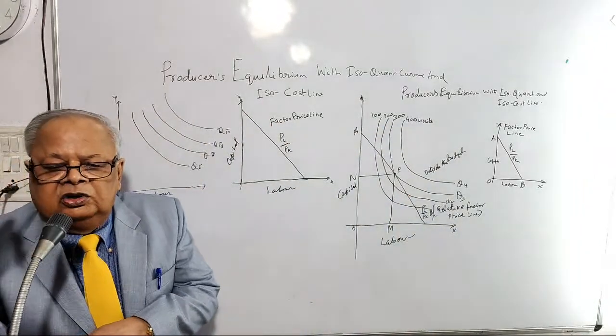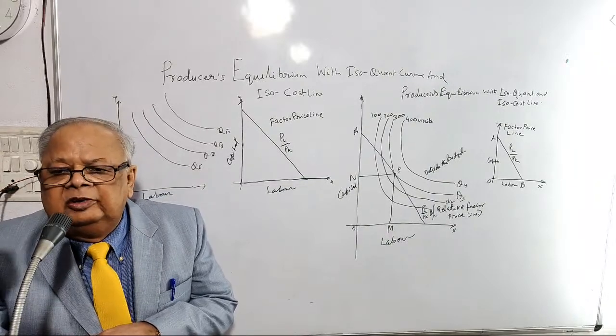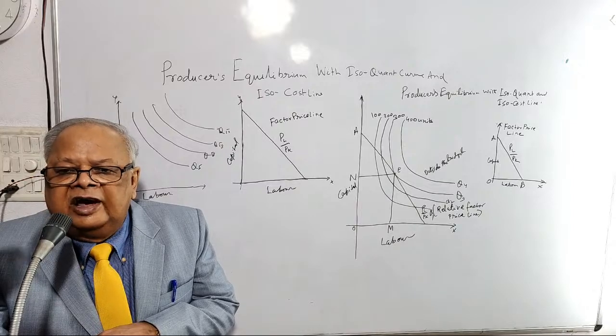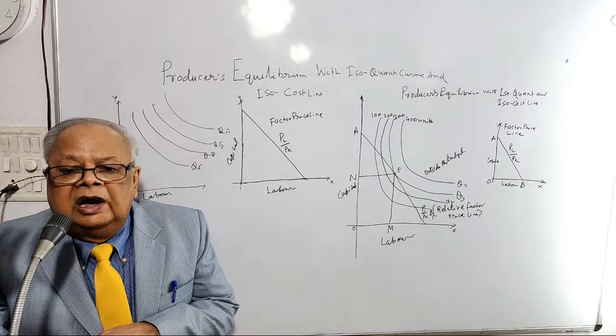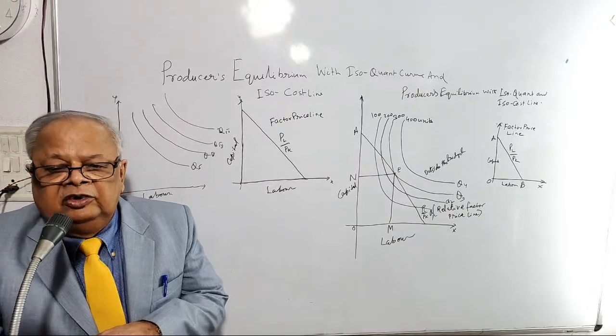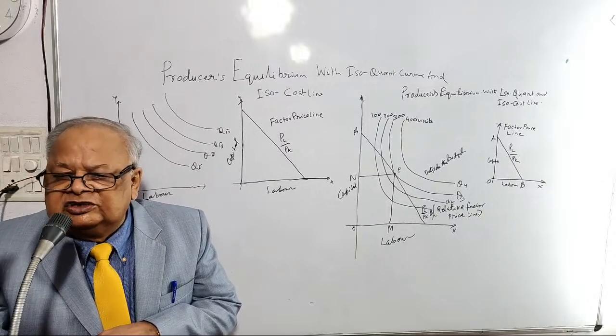What we find out, the producer will always obtain equilibrium at point E, where factor price line is tangent to isoquant curve number Q3. He will not like Q1, Q2 because it represents lower production.